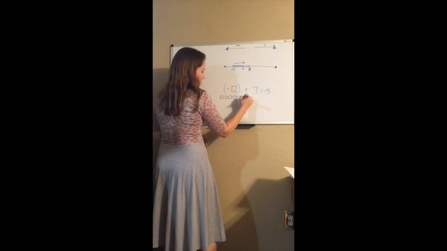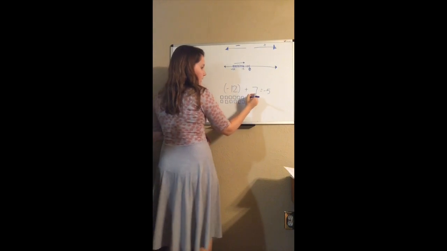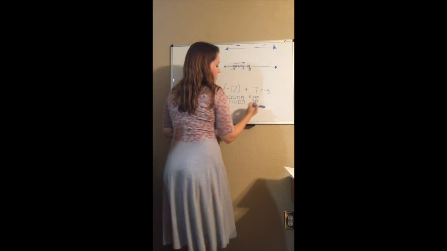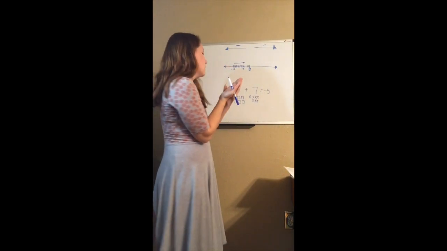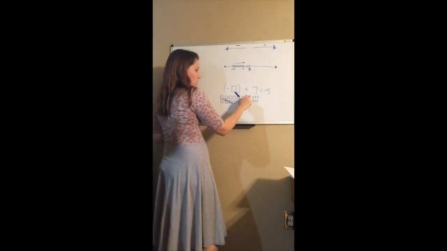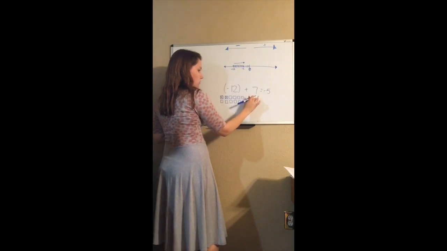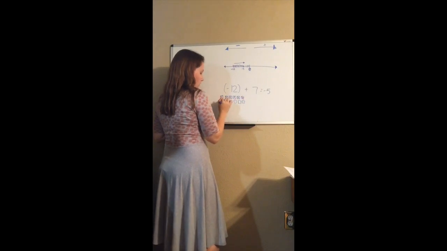So I can have 12 boxes. My negative numbers are going to be boxes. 12 boxes. We have 7 X's. Well, if I know they're going to cancel each other out, I'm going to work on canceling them out. So I have 7 X's. So I'm going to say 1, 2, 3, 4, 5, 6, 7.